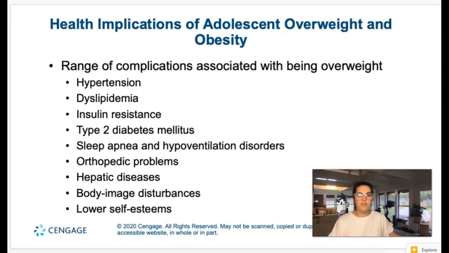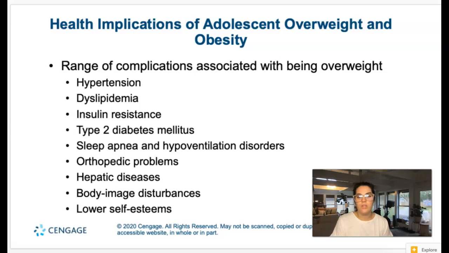So a range of complications are associated with overweight and obesity. Hypertension and dyslipidemia are cardiovascular related. So high blood pressure and high blood cholesterol levels. We see insulin resistance and type 2 diabetes.